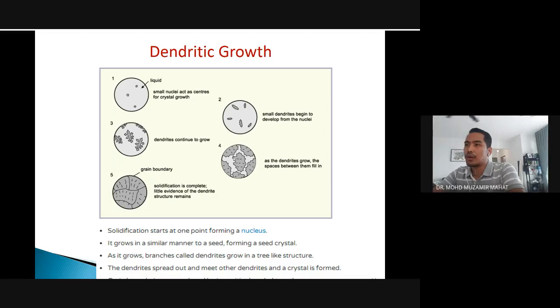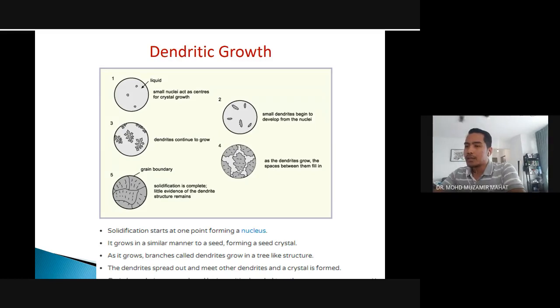When you are combining all the dendrites, you have more dendrites, and you see that there are some spaces in between the dendrites. The spaces are combining to form other spaces.